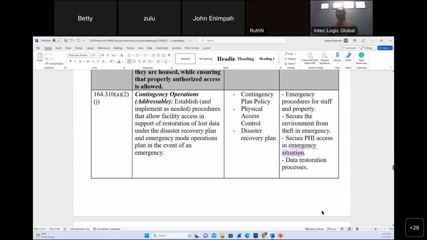Like I said, the bad actors, they'll create an emergency situation. Then whilst all the attention is on maybe saving people's lives, they are back there trying to bolt away with PHI or protected information. Data restoration processes. So what are you going to do to restore data whenever such a situation happens, right? Maybe there's a blackout or something like that.